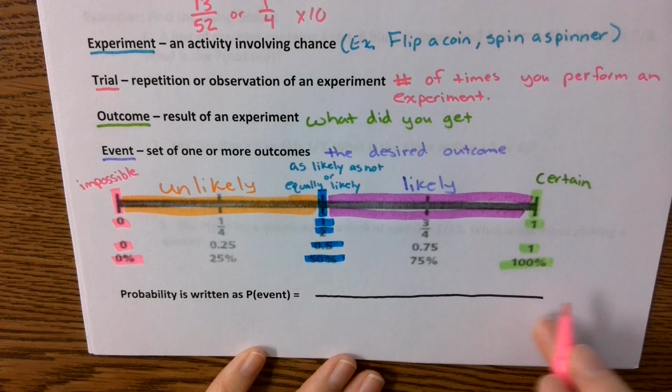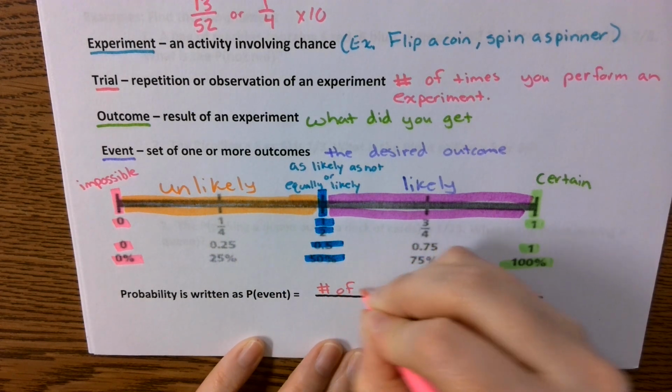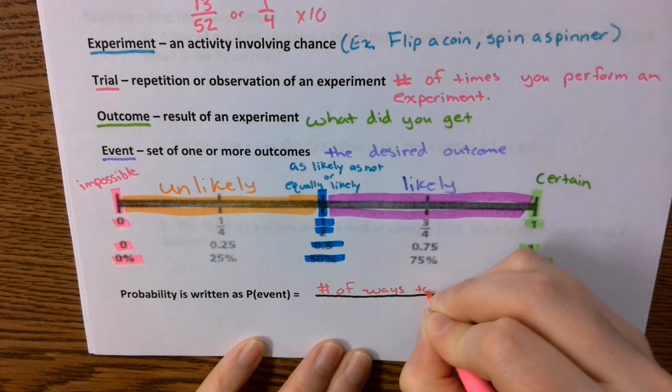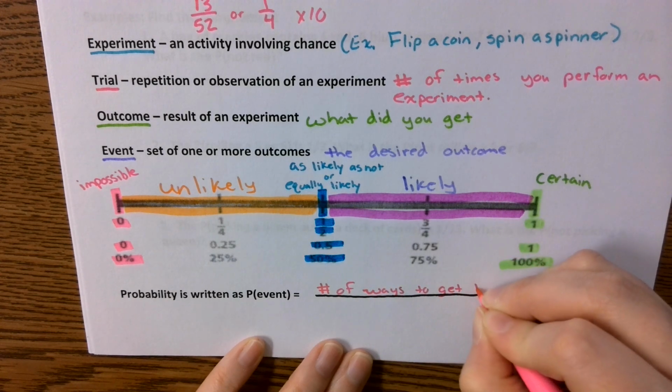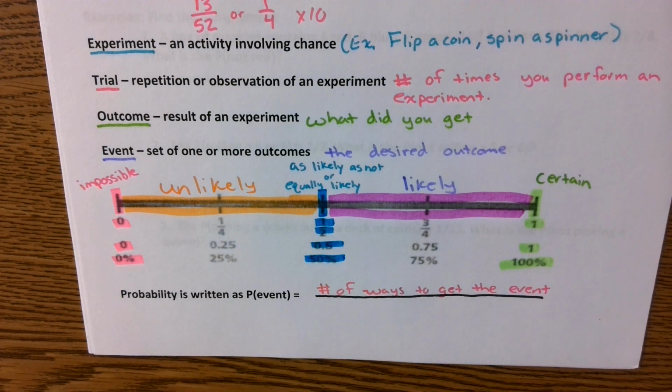And the fraction is created by identifying the number of ways to get the event, that desired outcome that you're looking for. How many ways can I call on a male student? Well, there's 13 males in here, so there's 13 ways that I can call a male student.